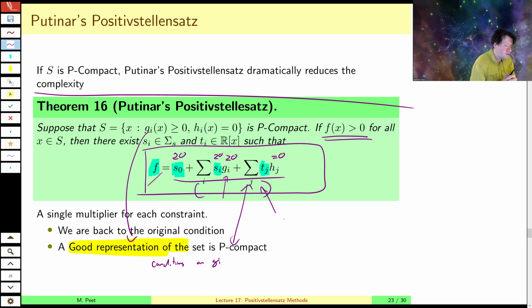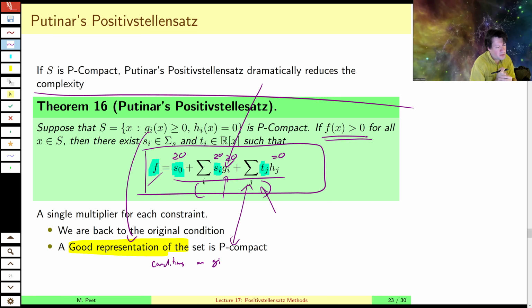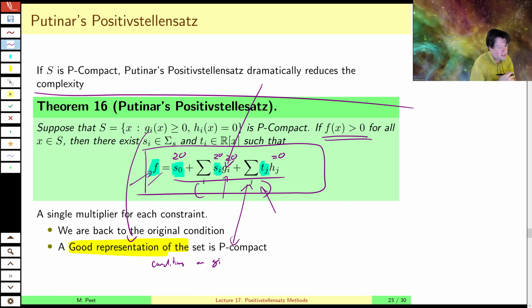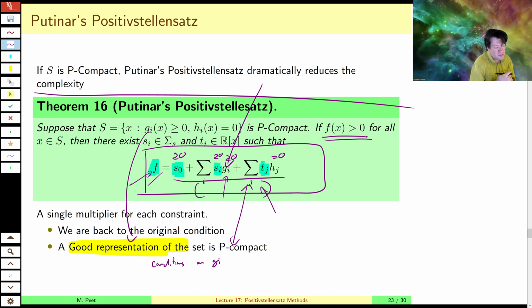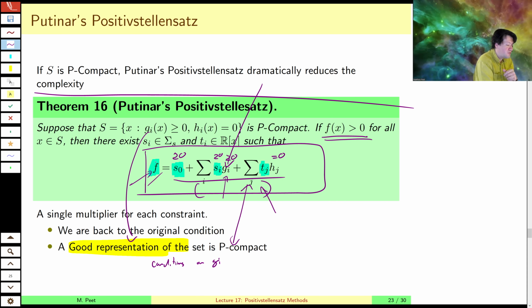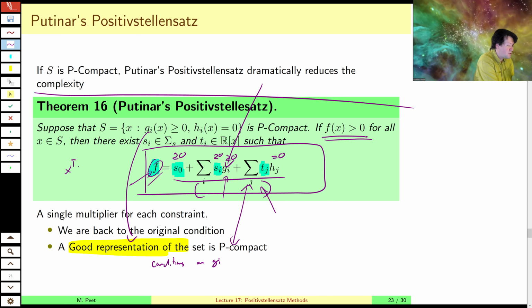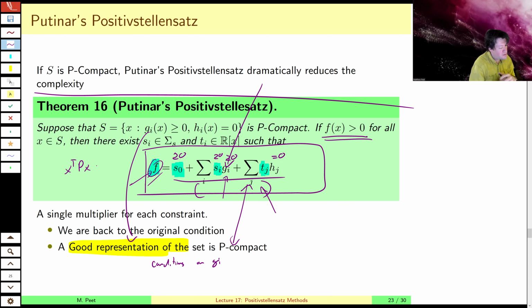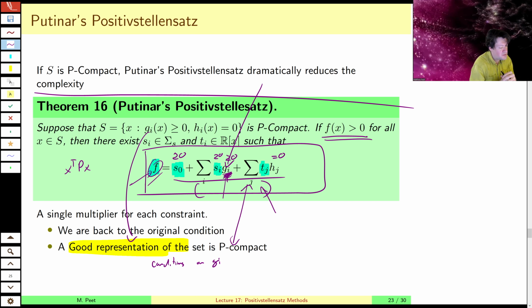If you think about it also, these gi's, what if you chose a representation of your set which had high degree, and you're searching for a function which is of low degree on that set? That really gets to the core of when this works and when this doesn't, which is the degree matching issue. If you're looking for a function which is positive on this set, and you just have, say, x transpose Px, then obviously you don't want your polynomials g to be relatively high degree.